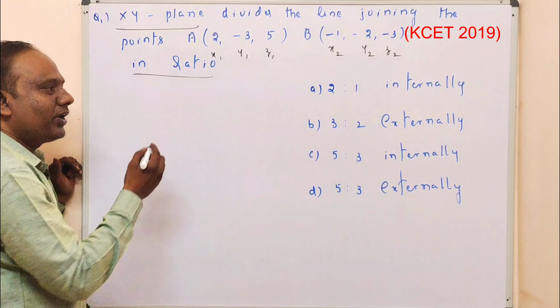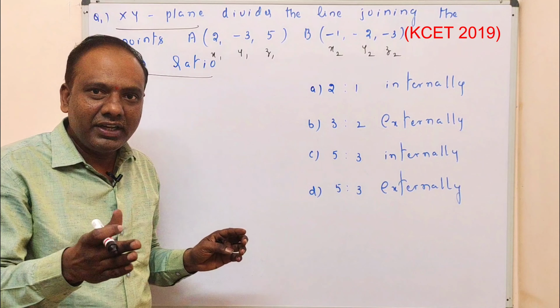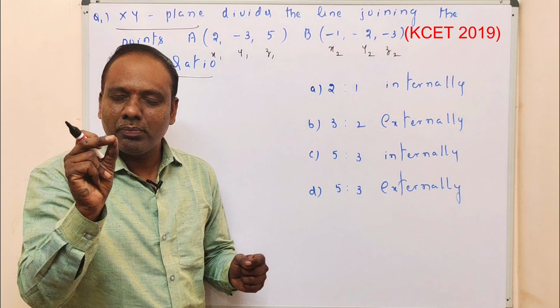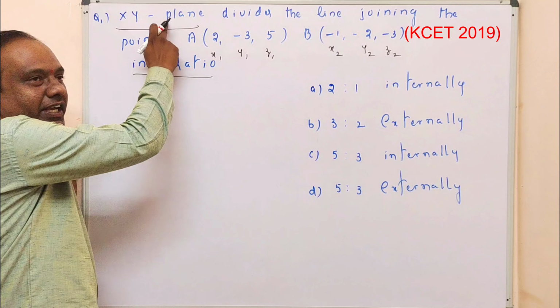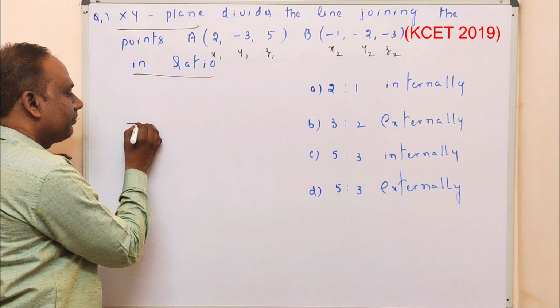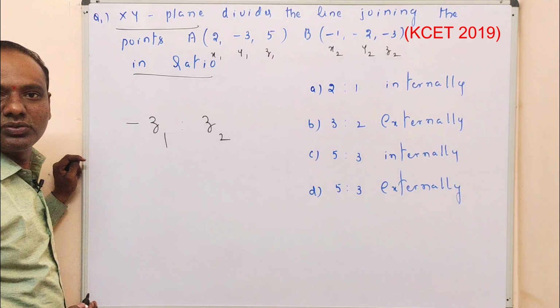Generally the usual method is lengthy. Just remember only 1 point, that is enough. For the XY plane, the ratio is directly minus Z1 is to Z2.